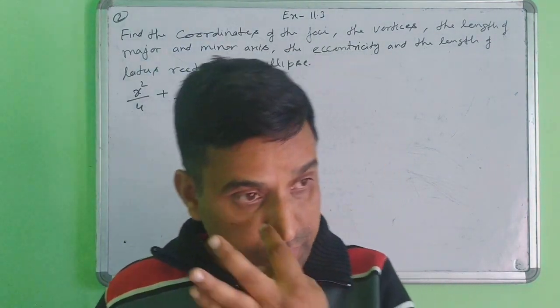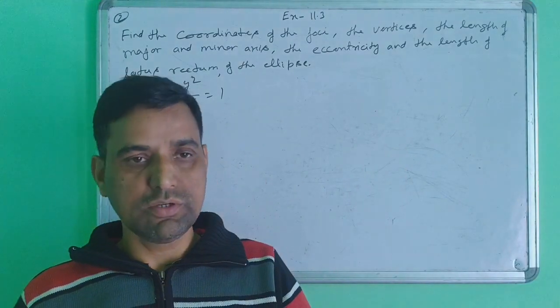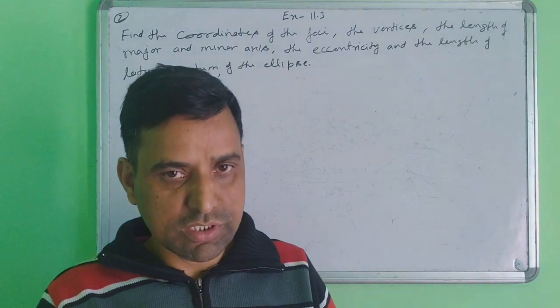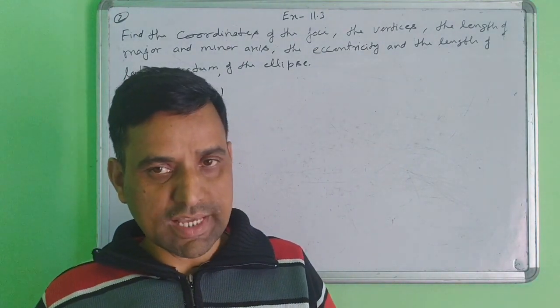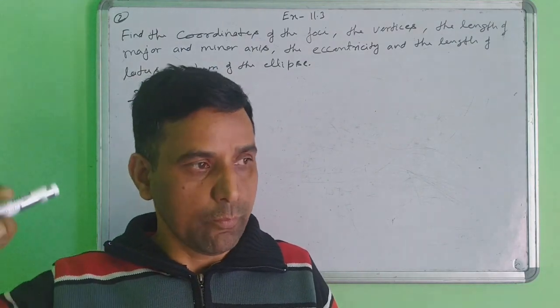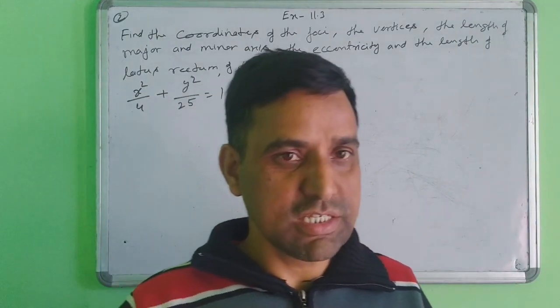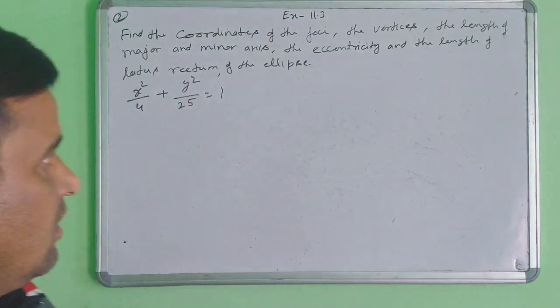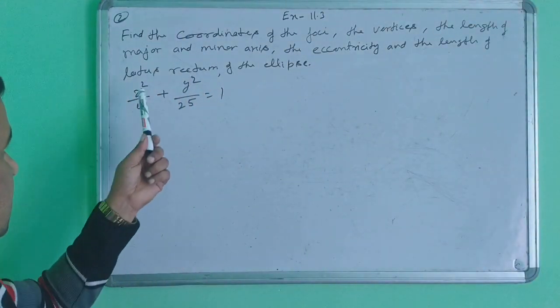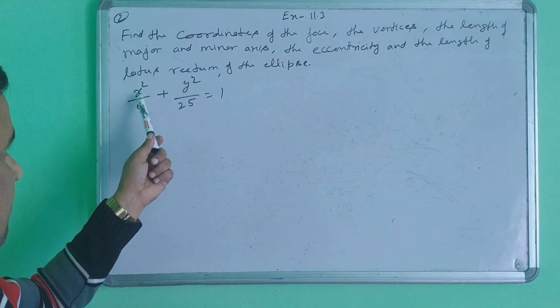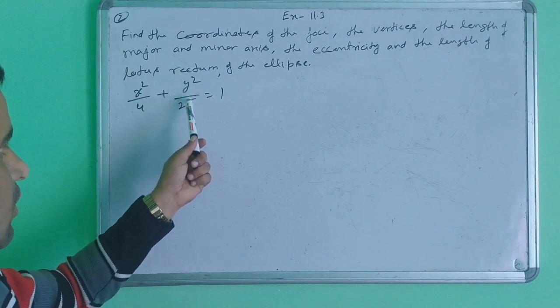First of all, you will check whether the given equation has its major axis along the x-axis or the y-axis. So you will check which is your major axis here. Now look at the first one: x square upon 4 plus y square upon 25.